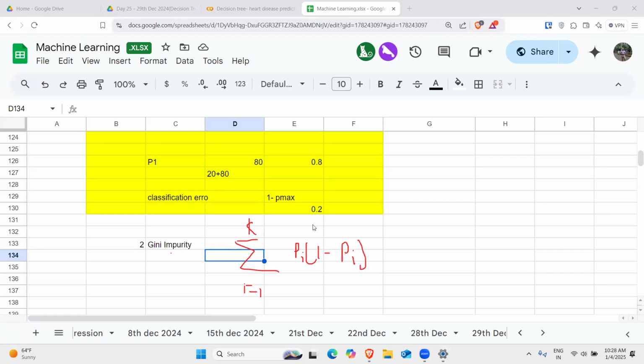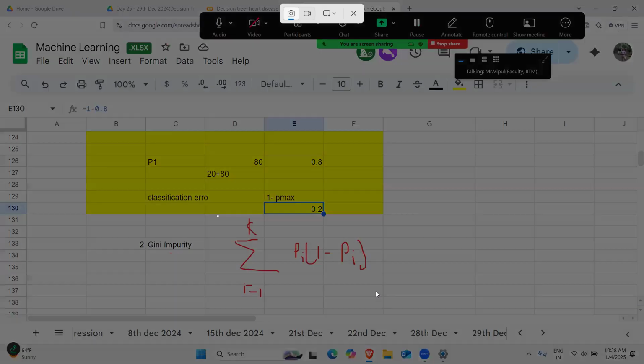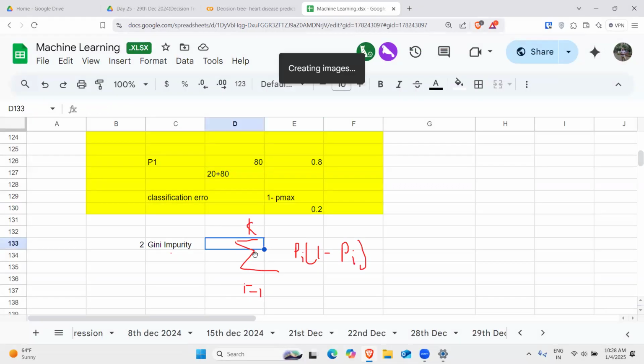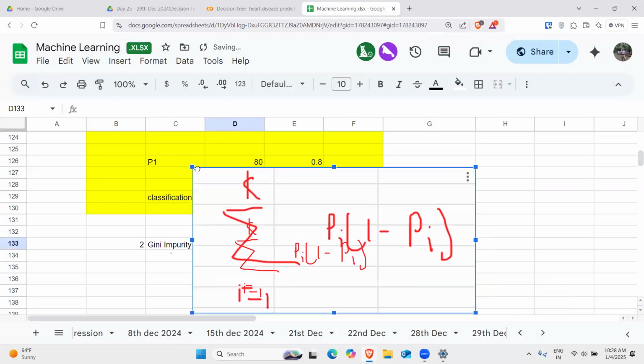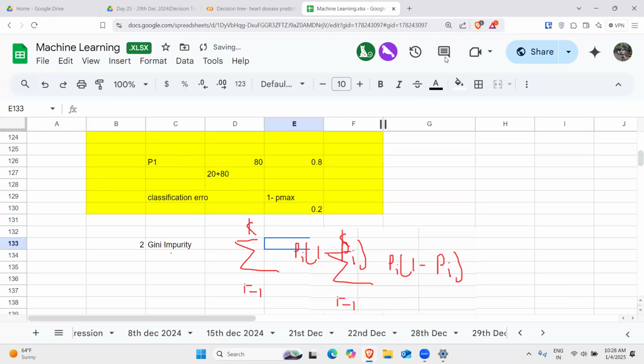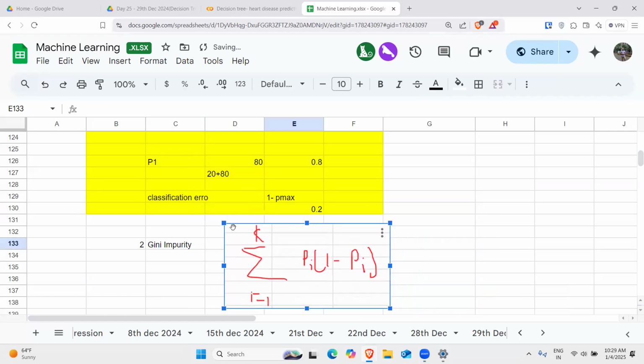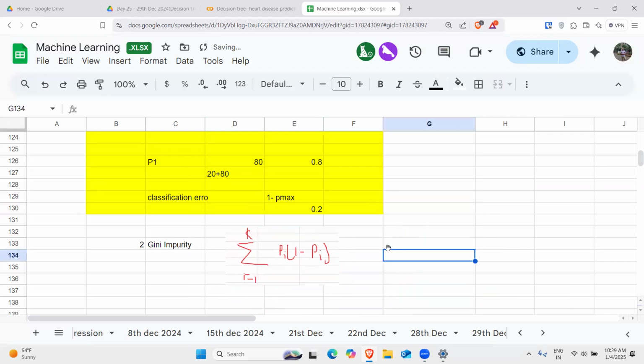That becomes the formula. So I'll just take this and paste it over. That is your Gini impurity formula.